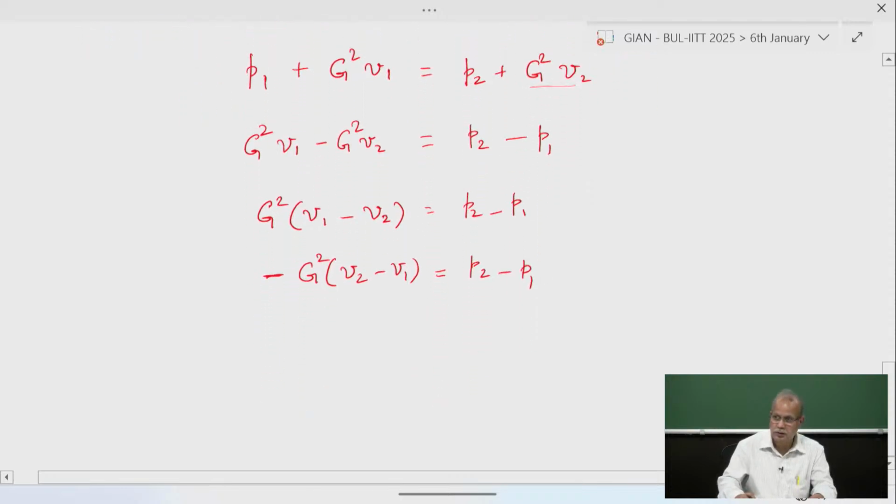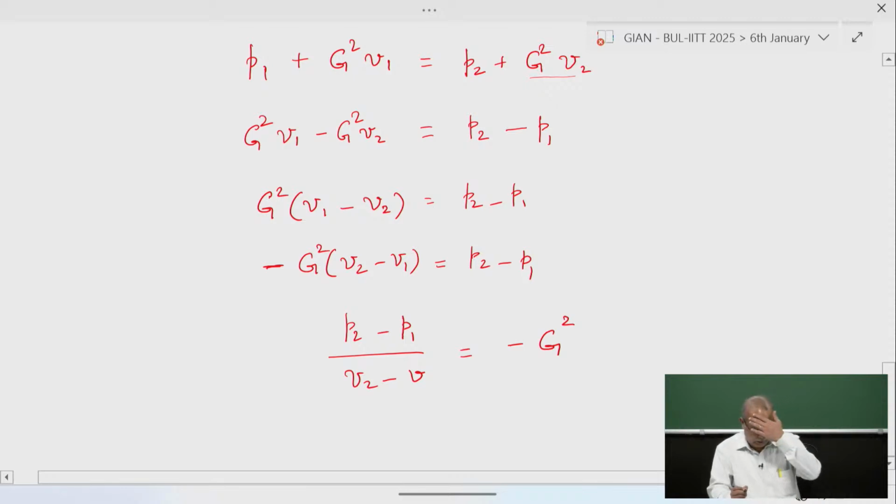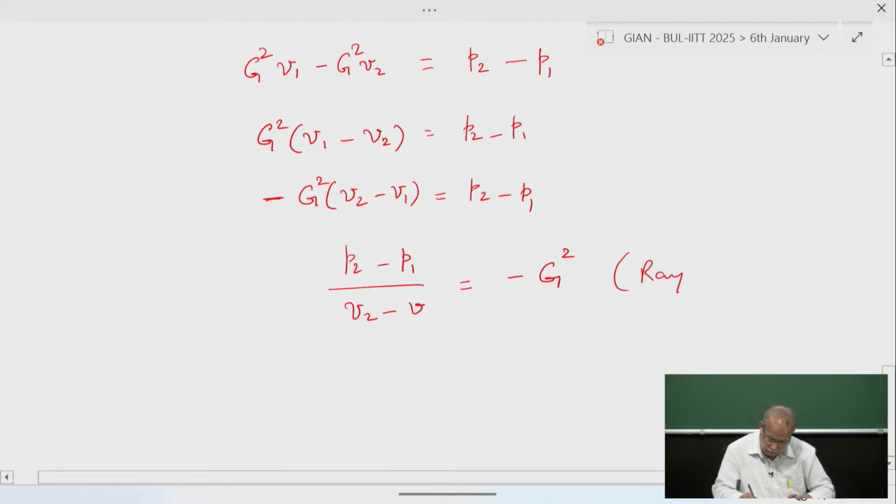All of you understood this, what I'm trying to do? So we end up with an expression like this: P2 minus P1 by V2 minus V1 is equal to minus G square. This is clear. So this is what we call the Rayleigh equation.